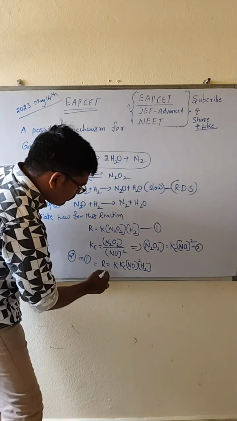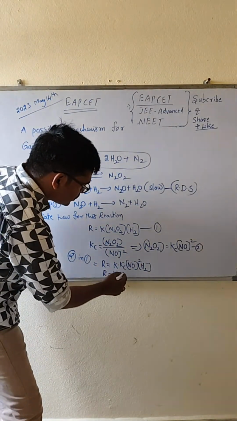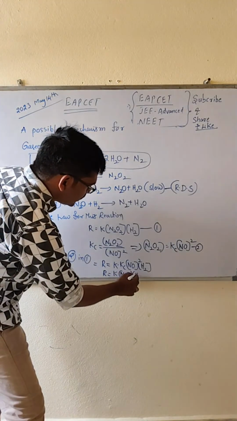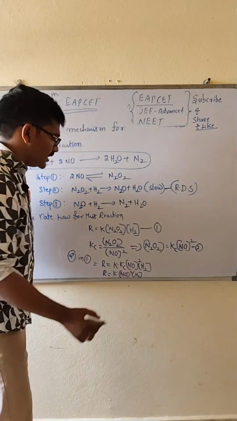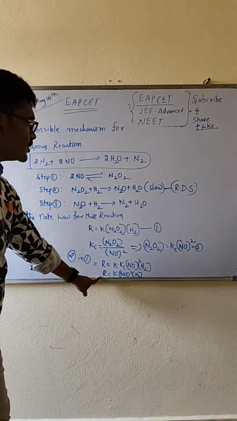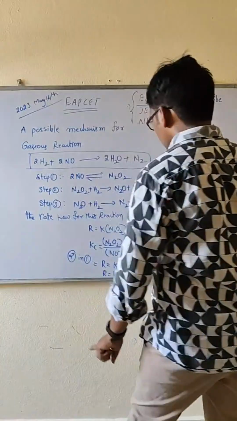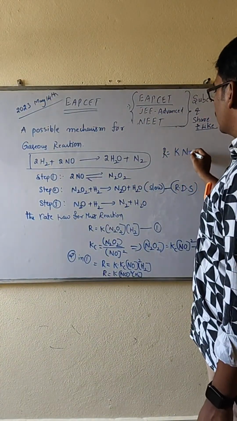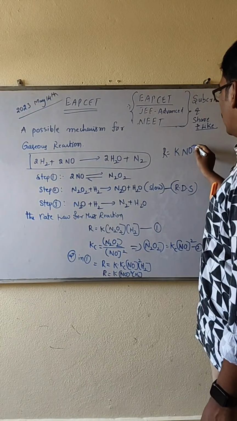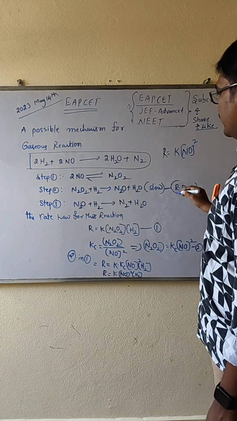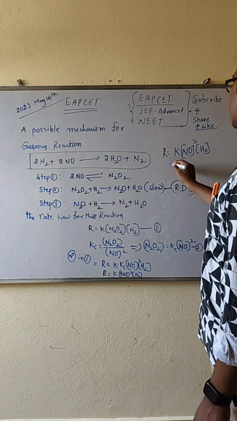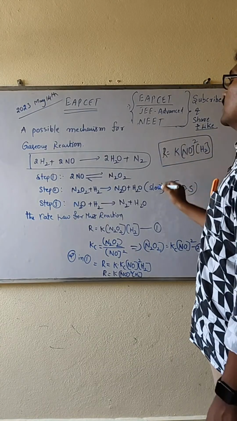So R equals K into NO whole to the power square into H2. So this is the rate equation, my dear students. See, this is the rate law.